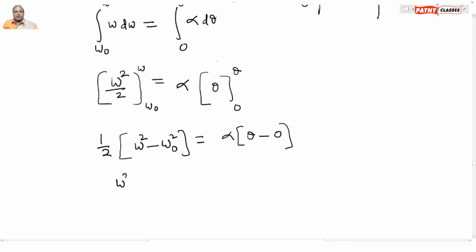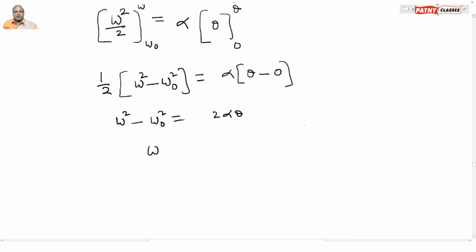So omega square minus omega naught square equals 2 alpha theta, which can be written as omega square equals omega naught square plus 2 alpha theta. This is the third equation of motion of a rotating body.